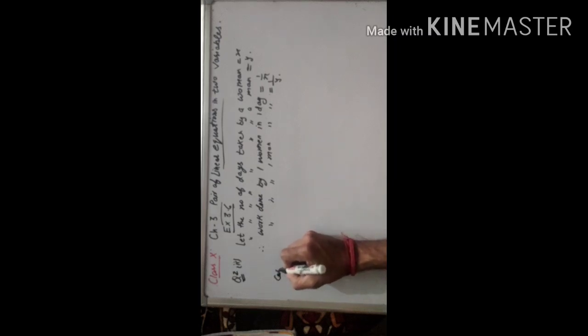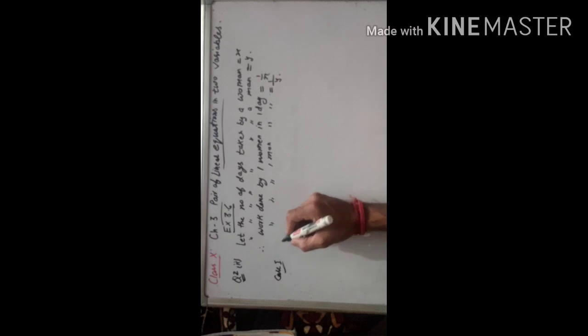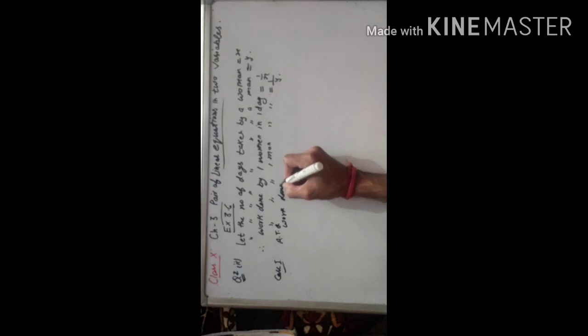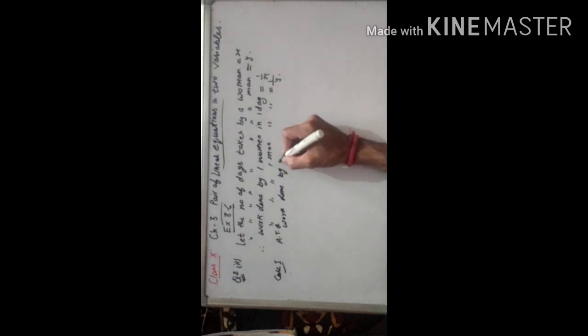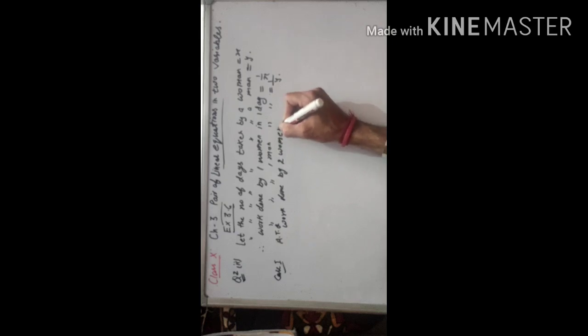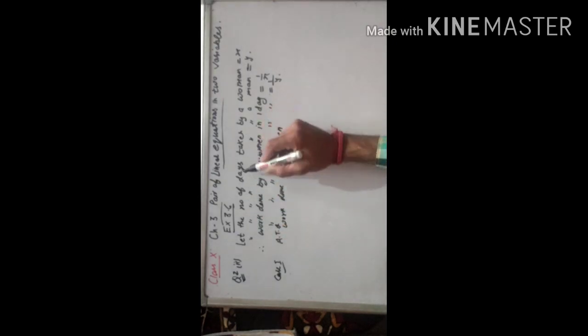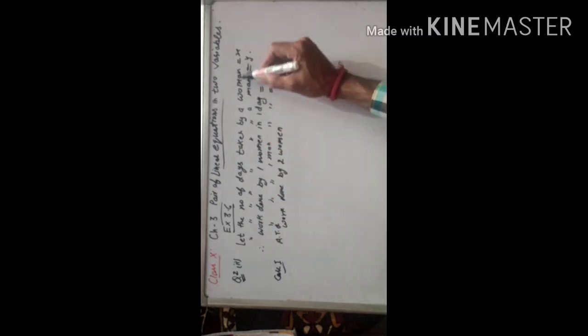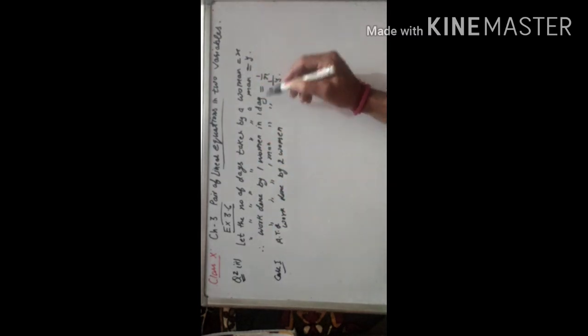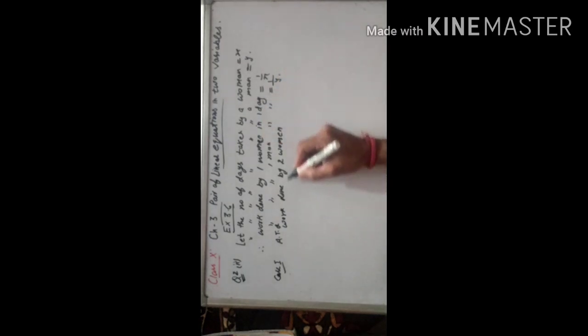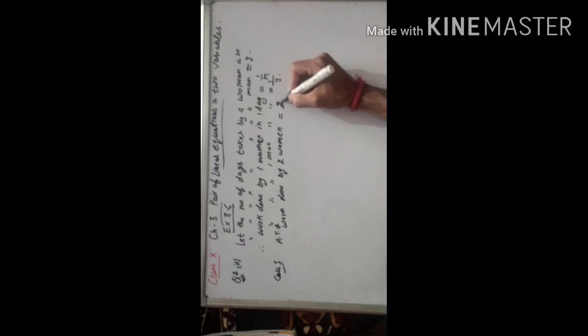Now case 1 is 2 women and 5 men can together finish the embroidery work in 4 days. Now according to the question, work done by 2 women: the number of days taken by a woman is x, so work done by one woman in 1 day is 1 by x, so work done by 2 women is equal to 2 by x.